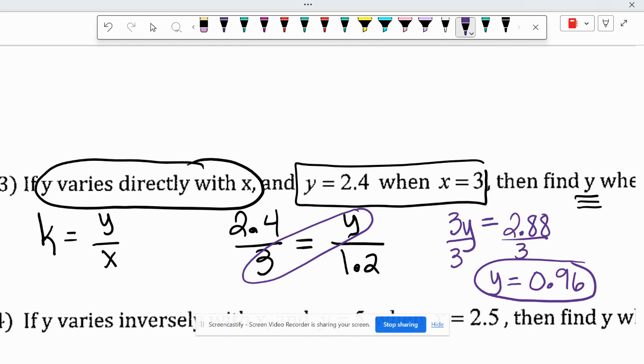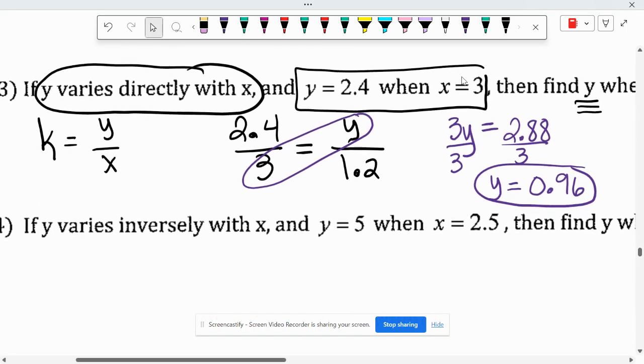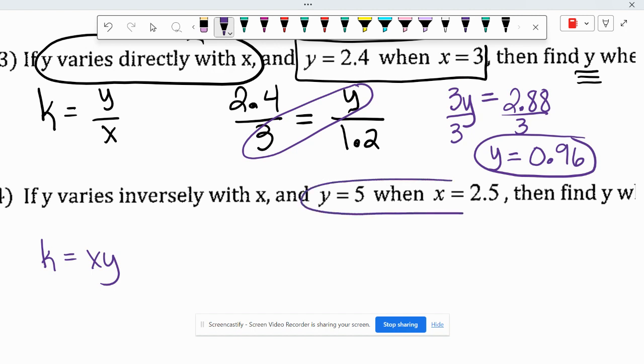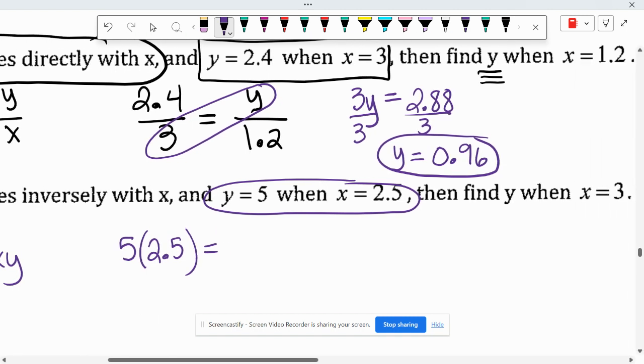Okay. Example number 4, inverse variation. What does that look like? Okay. Yeah, k equals x times y. So 5 times 2.5, that's my x and y, equals, I'm trying to find y when x is 3, 3 times y.